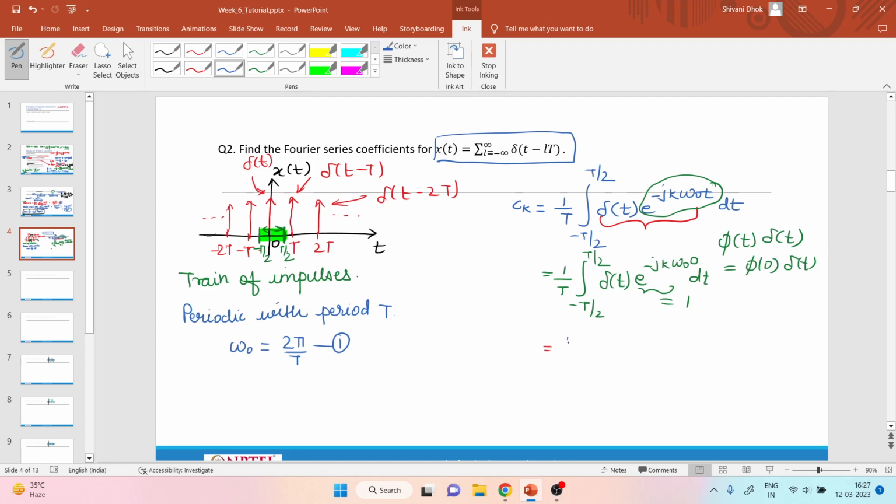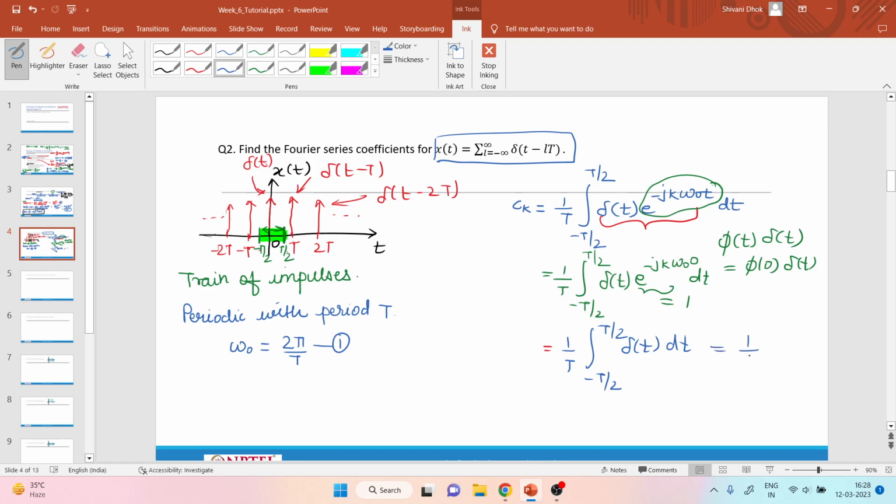Okay, so this integration becomes 1 by T integral from minus T by 2 to T by 2 delta t dt. An integration of an impulse over an interval when the impulse is included in that interval is equal to 1.